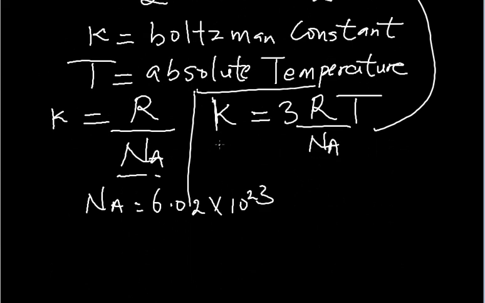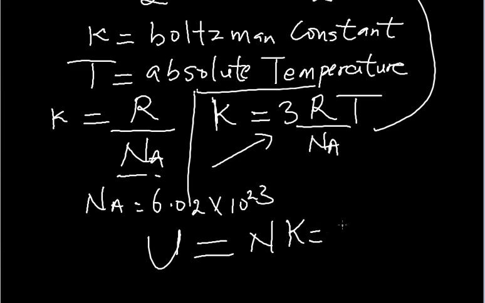Knowing that K is equal to 3RT all over NA, the internal energy of the system, remember, is NK. That's going to be equal to N multiplied by K, which is 3RT all over NA.